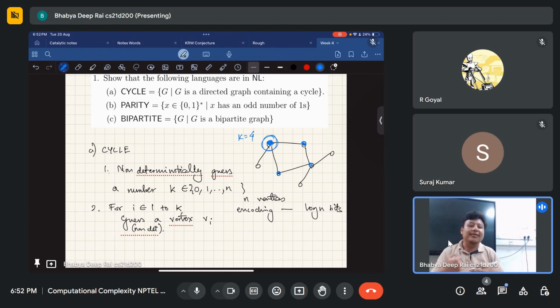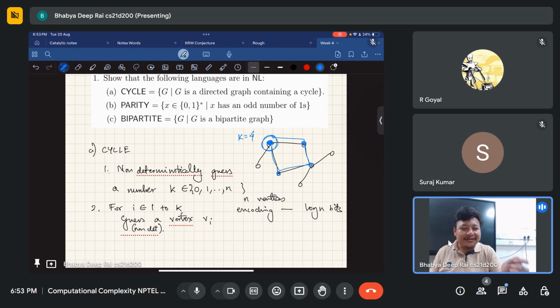After every guess, I can check whether the previous vertex is adjacent to the next vertex or not. Then I realize, oh, I have a cycle. Yes, I have found a cycle, and I found it non-deterministically.